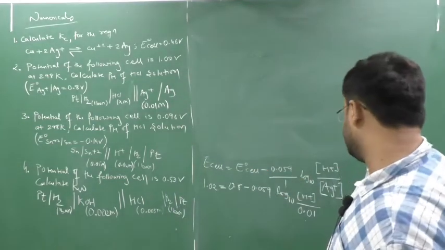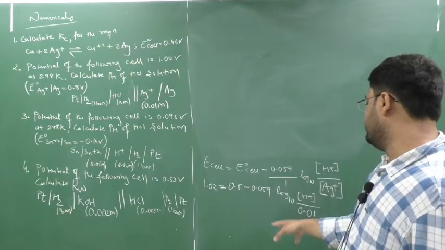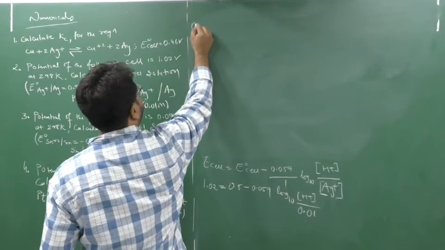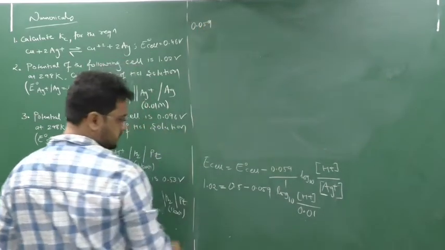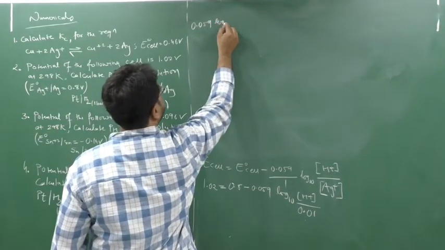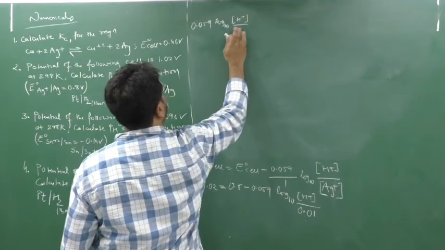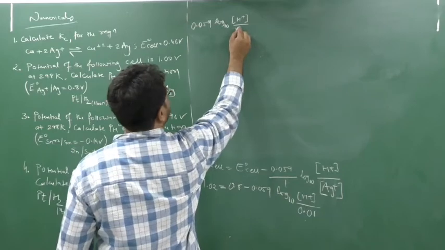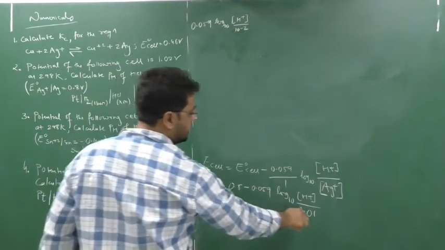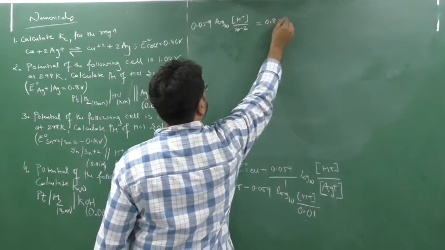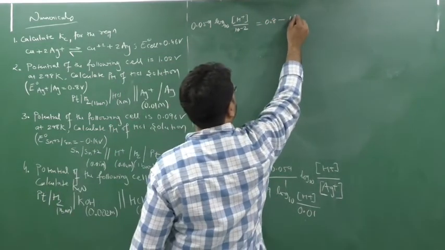Now what I will do is bring this minus to that side. So 0.059 log to the base 10 of the concentration of H plus upon 0.01, that is 10 to the power minus 2, equals 0.8 minus 1.02.